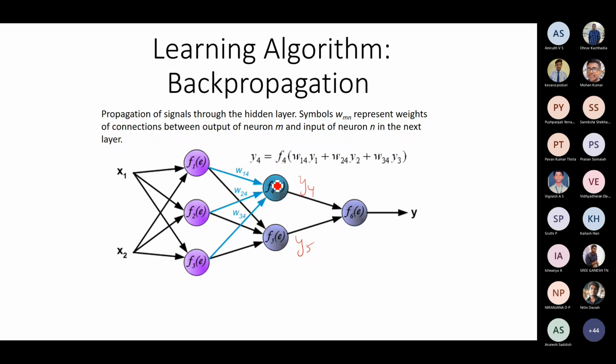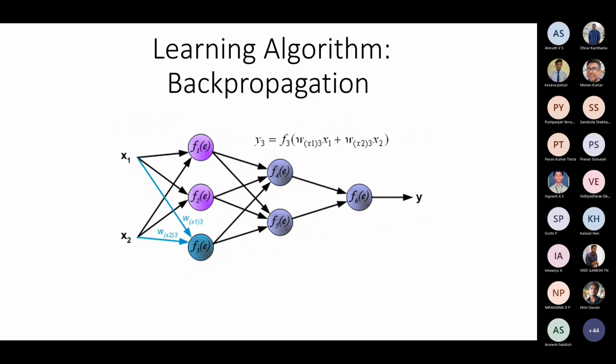So you get three inputs here, and you operate upon a function F4 to get Y4 as the output. Similarly, for Y5, you have W15, W25, and W35, which are multiplied correspondingly with Y1, Y2, and Y3. Now, Y1 is what already?